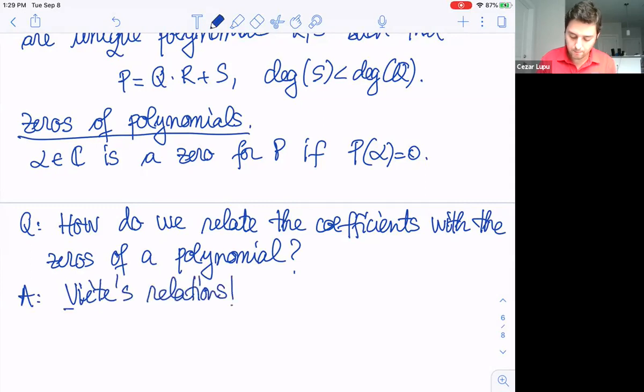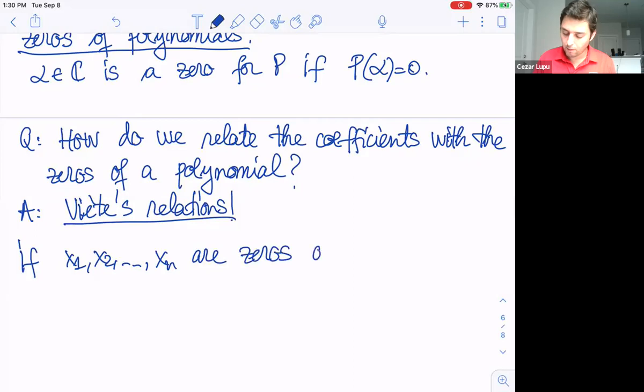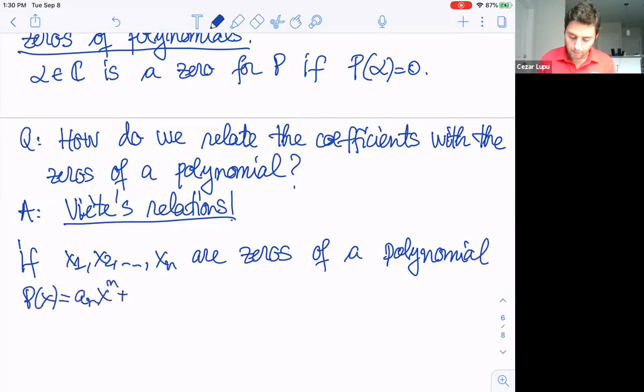And I'll explain immediately what this is all about. These are very, very important formulas. And I'm going to say it directly. If, let's say, x1, x2, ..., xn are zeros of a polynomial, let's say P of x is a_n x to the n plus a_{n-1} x to the n minus 1 plus ... plus a1 x plus a0, right?